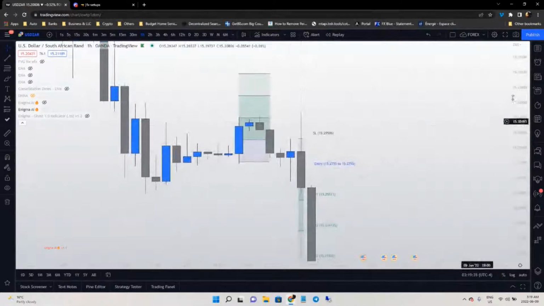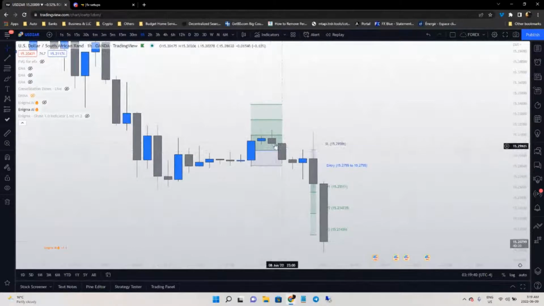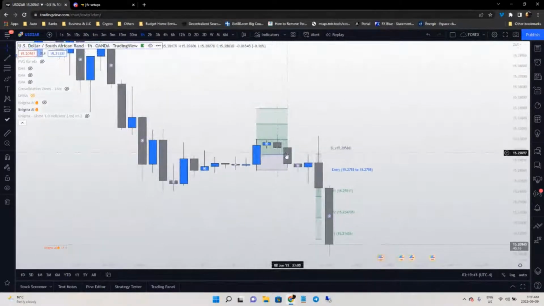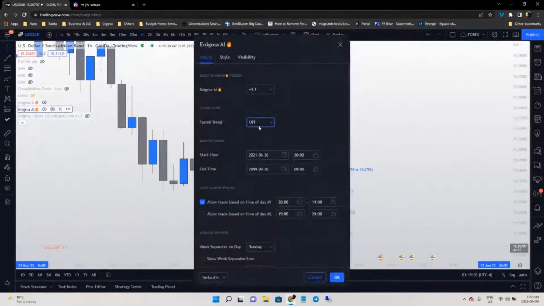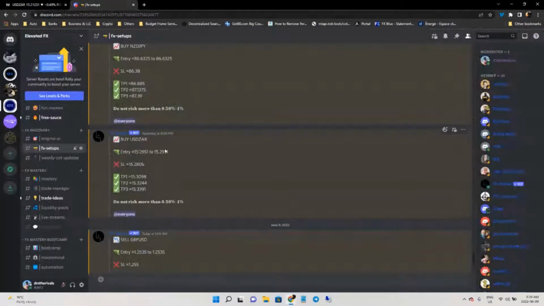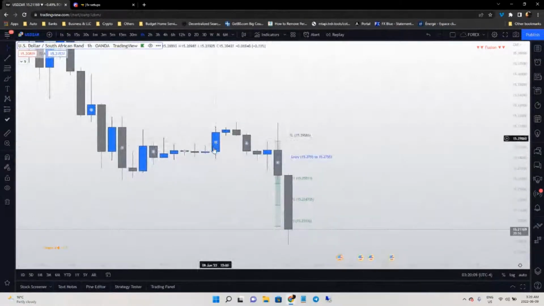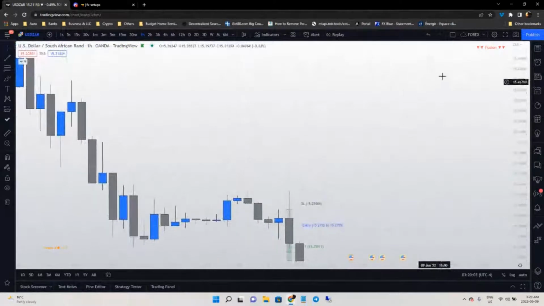On top of that, the overall trend was a downtrend, so I wouldn't take that trade at all. That's why you don't see it when you have your Fusion trend on. You're still going to receive the alert saying that we have a buy, but you're not going to see it printed out on the chart because it doesn't follow the trend with Fusion.